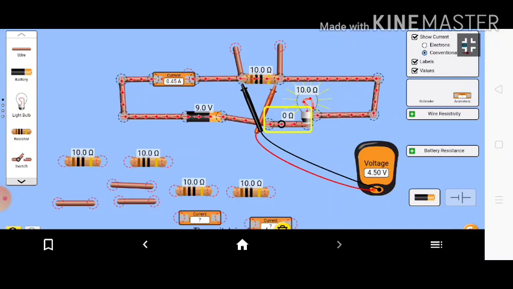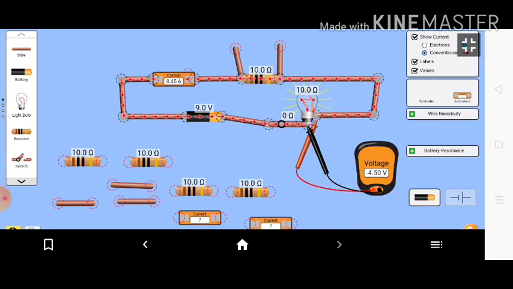There is a key. There is a 10 ohm resistor and a bulb of again 10 ohm resistance. So the current flowing in the circuit is 0.45 ampere. I've kept an option to connect more resistors. Let's check the voltage across the bulb. It is 4.5 volt.